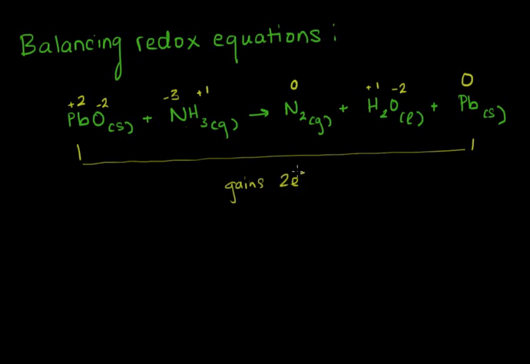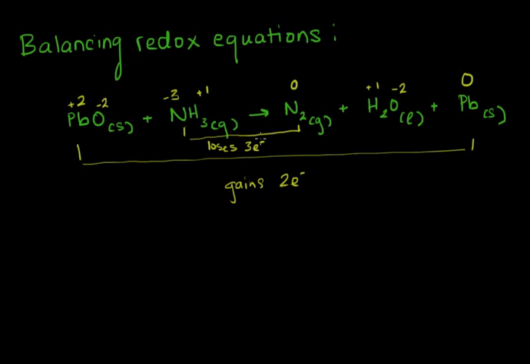It's reduced, and therefore its oxidation state goes from +2 to 0. At the same time, I see that oxygen stays the same. Nitrogen goes from -3 to 0. So nitrogen actually loses 3 electrons.